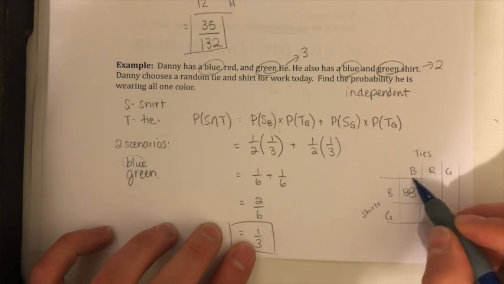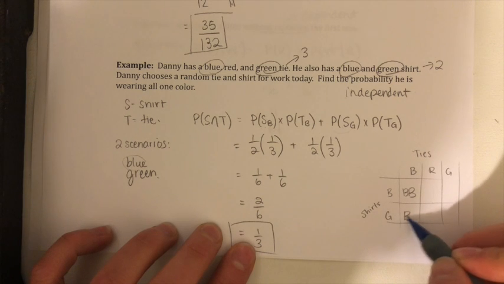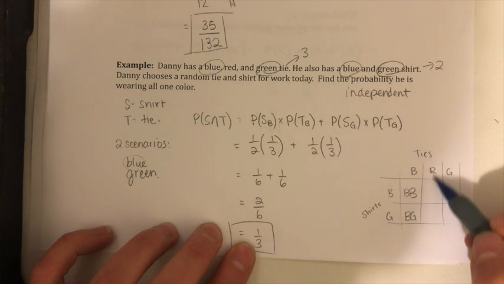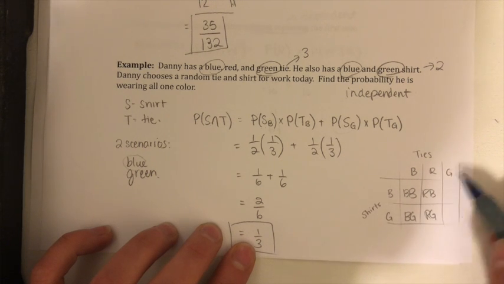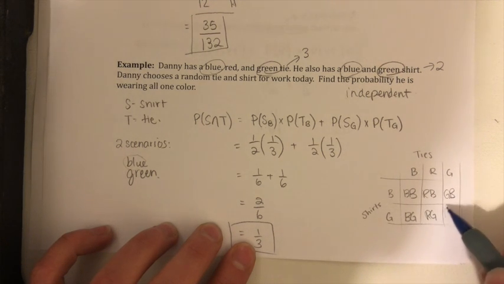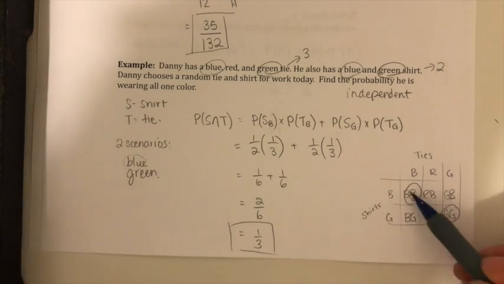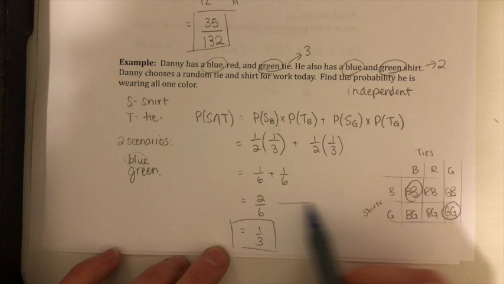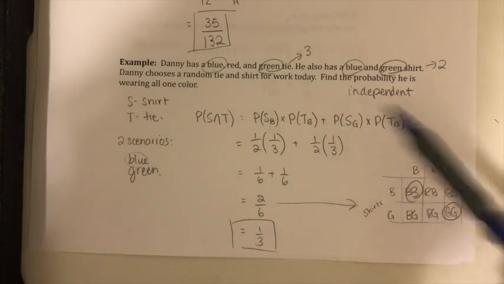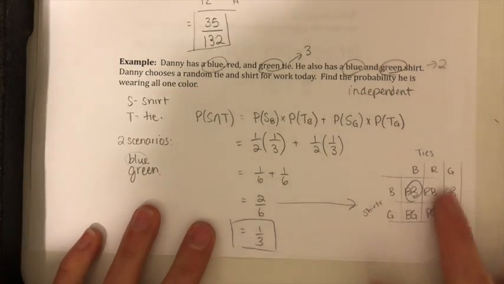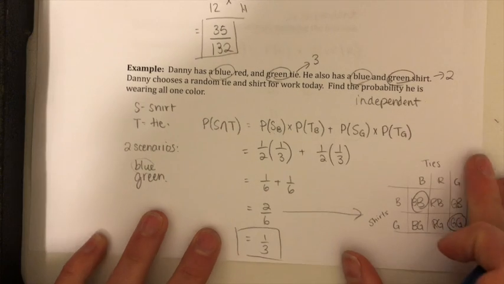If he takes blue tie and green shirt, that's blue, green. Red and blue, red and green, green and blue, green and green. So see how these 2 are the 2 out of 6 where we had those 2 matching colors, and that's going to reduce to 1/3. So if it's a small number like this, this is a really good way to check your logic, okay?